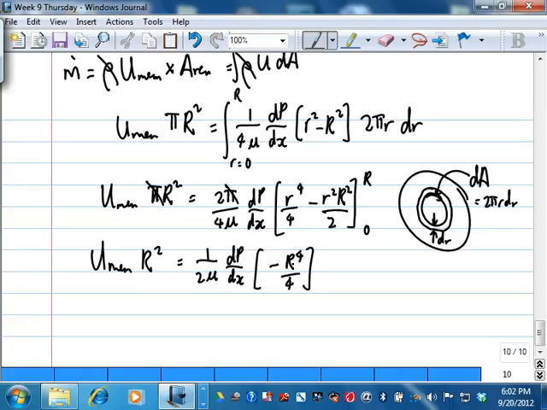At 0 it's nothing. A quarter minus half, you get minus a quarter. After that, you can cancel this one and this one. So 2 u mean is equal to minus 1 over 8 mu dp on dx times R squared, since 4 times 2 is 8.